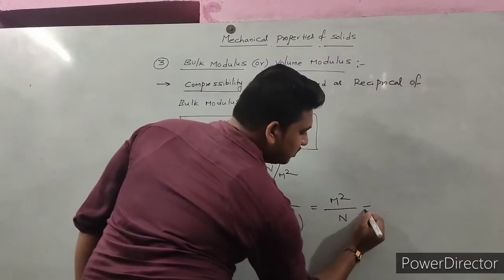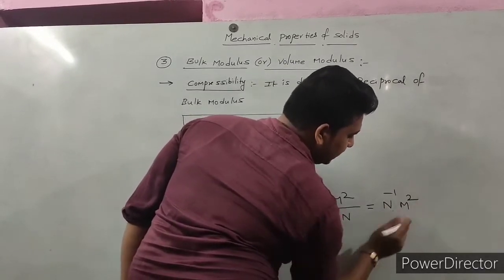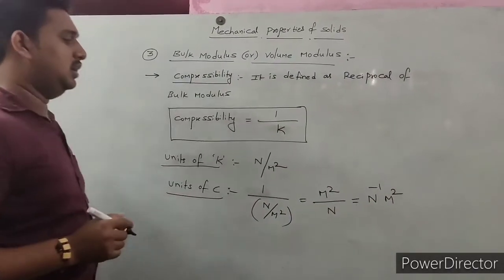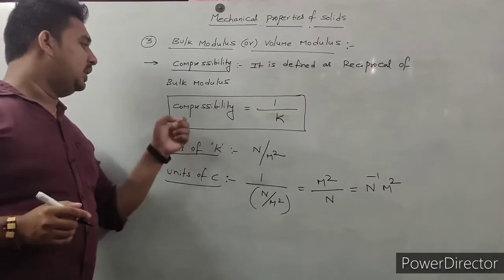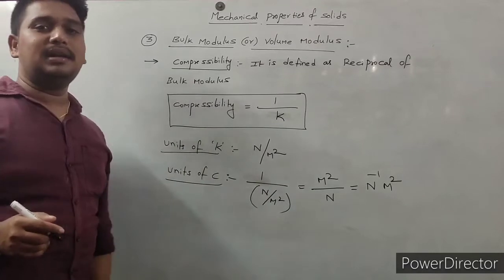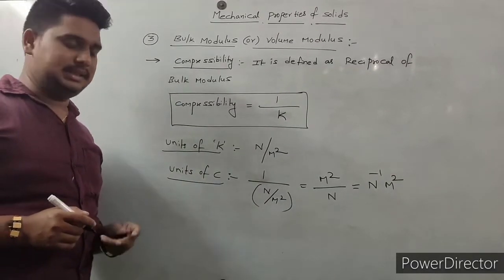That is Newton power minus 1 meter square, which is the unit of C. The unit of K is Newton per meter square. So this is about compressibility.